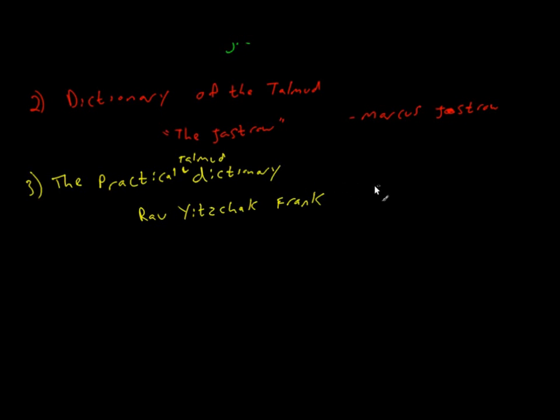It has a nice little grammar introduction section, and it has an amazing list of words and phrases and very clear explanations both in Hebrew and English, and examples from Gemaras explaining the words and different usages. Very, very, very good dictionary.